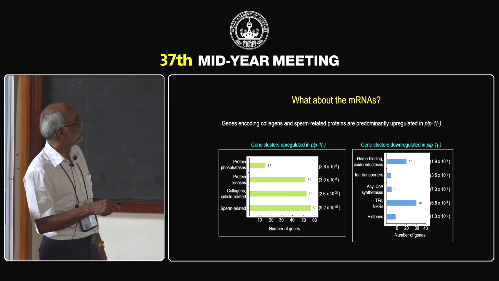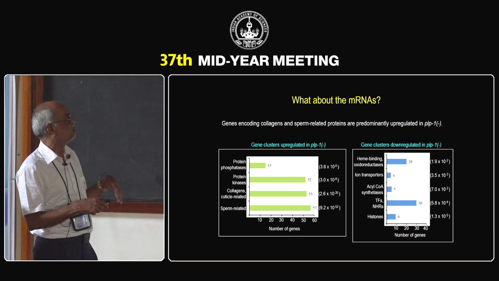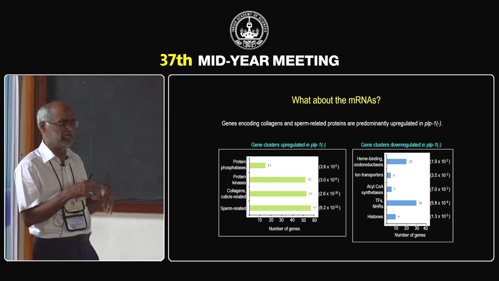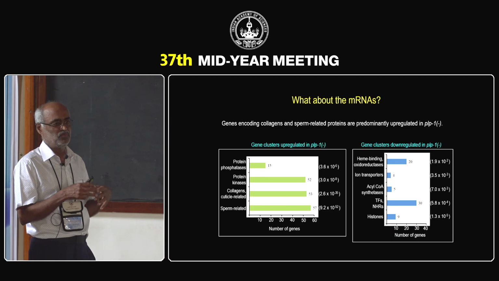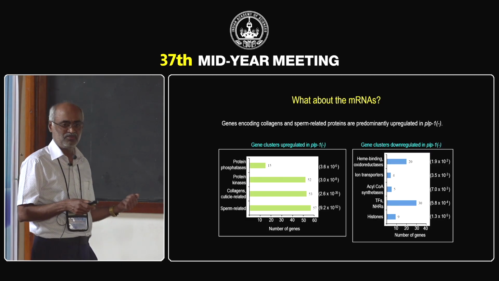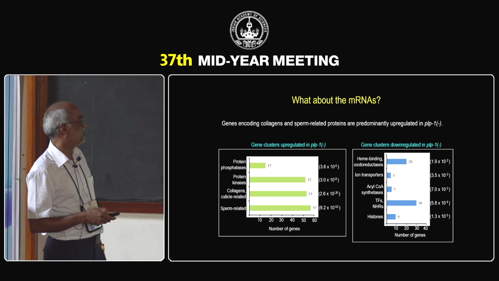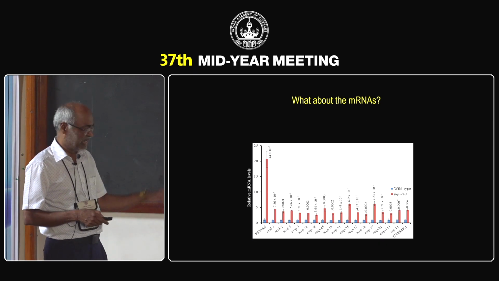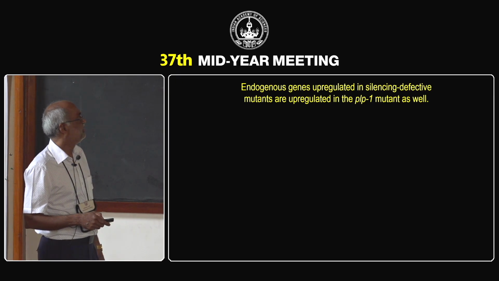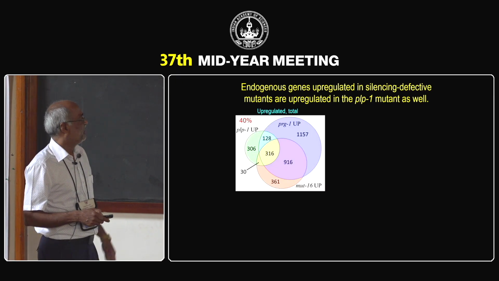We found 2 groups, collagen related and sperm related genes, significantly upregulated. In total we found 780 mRNAs upregulated and some 589 downregulated. So we are trying to tease apart what is required and why they are upregulated, etc. This is validation of this whole genome sequencing result, so that I will skip.